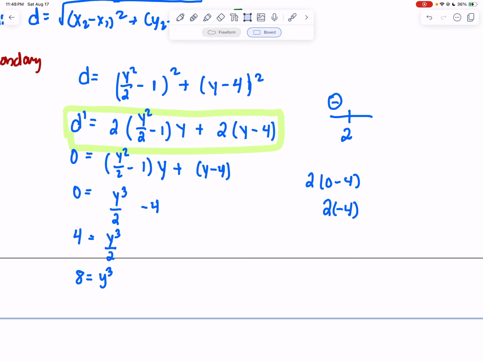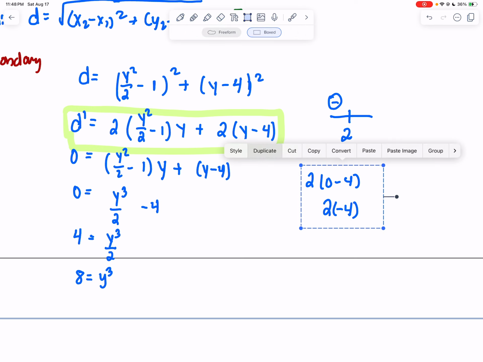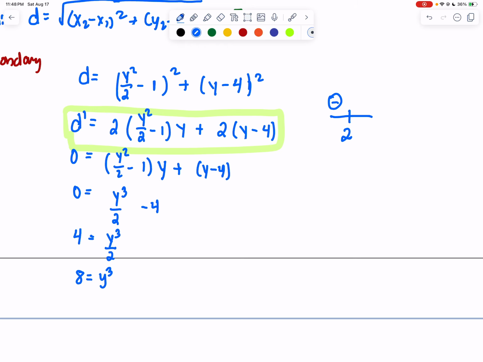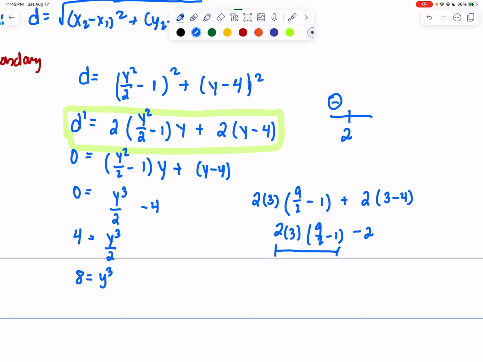And then if I were to plug in, let's say, 3, I'm going to get 2 times 3 times 9 over 2 minus 1, which is just going to be a positive number. Then 2 times 3 minus 4, which is going to be negative 1, but that's just going to be a negative 2. Doesn't really change much just because this is a bigger number. So this is going to be a positive value. And if we look at this, we're going from negative to positive, aka we have a minimum.